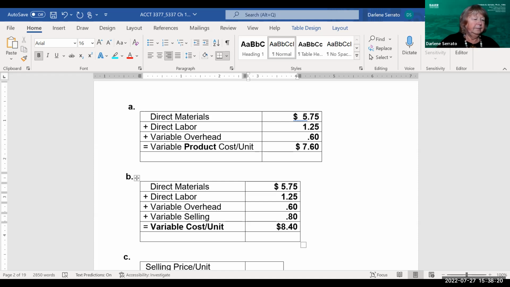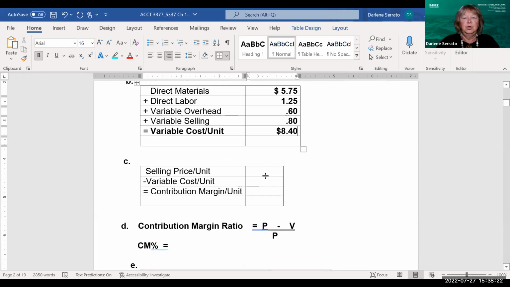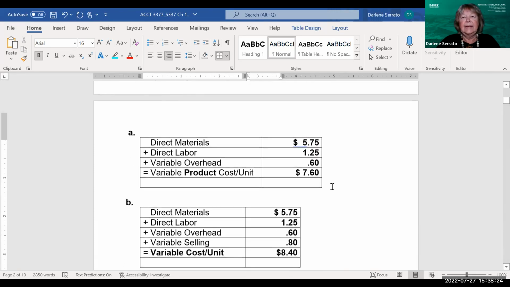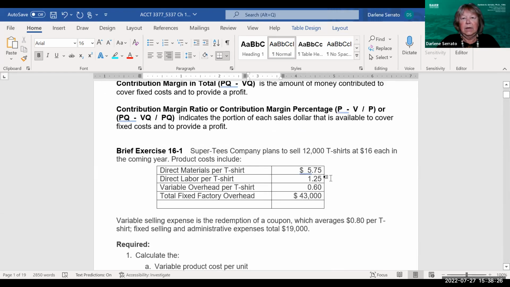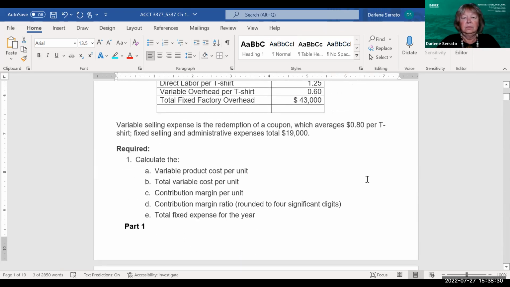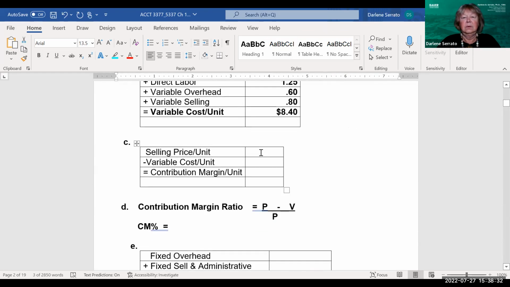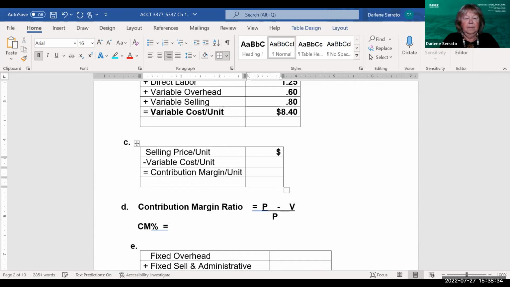Then contribution margin per unit: the selling price we said was $16 each. So 16 minus your variable cost of $8.40 gives you a contribution margin per unit of $7.60.